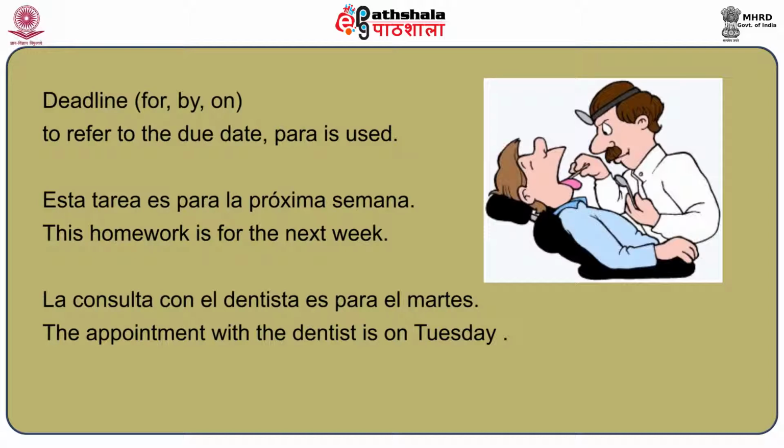In English, this homework is for the next week. Another example. La consulta con el dentista es para el martes. I repeat, la consulta con el dentista es para el martes. In English, the appointment with the dentist is on Tuesday.